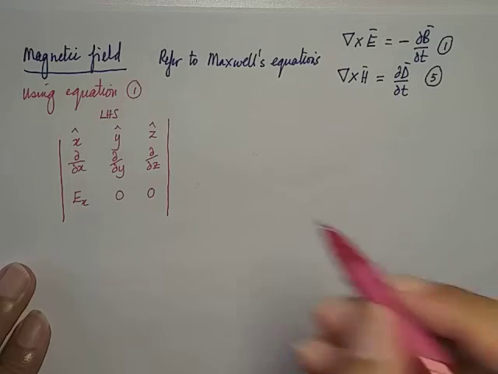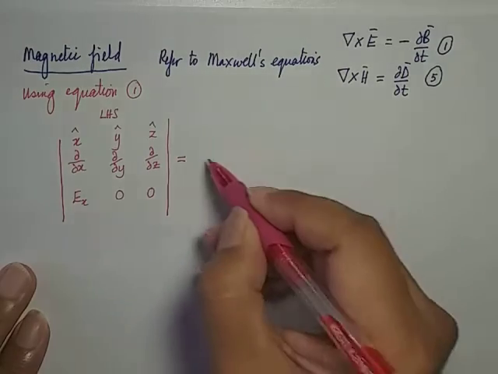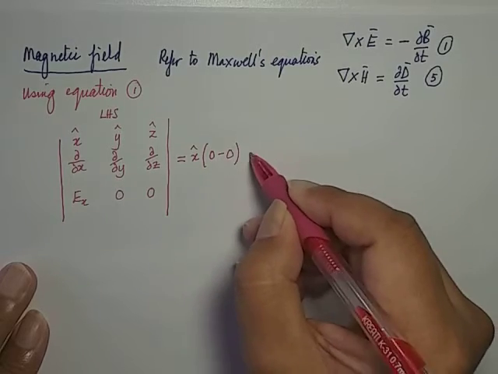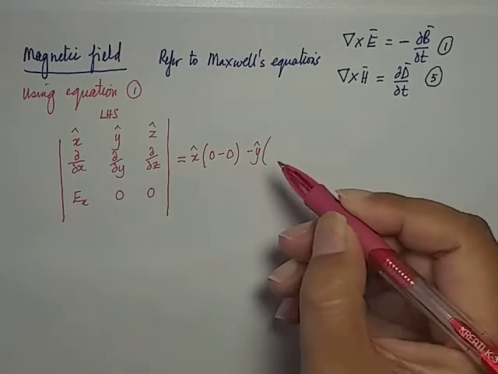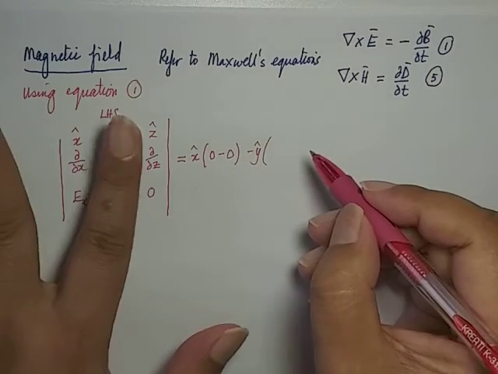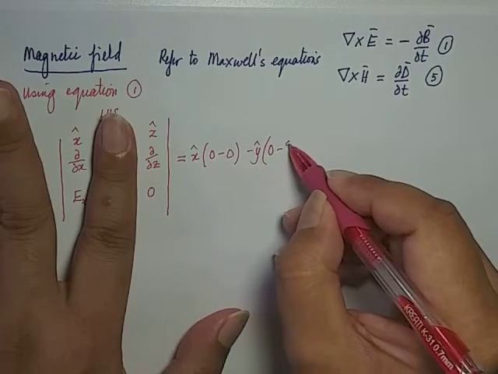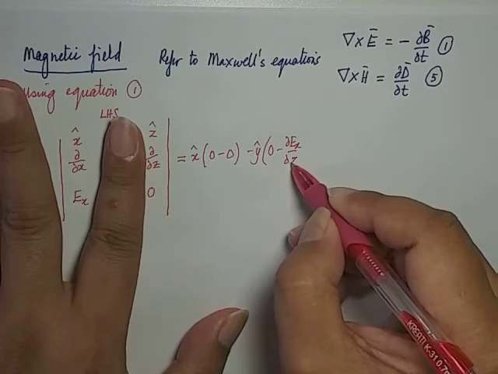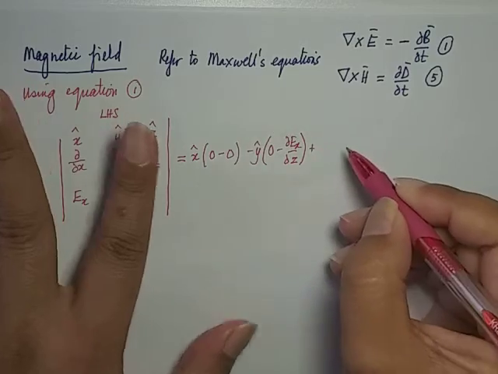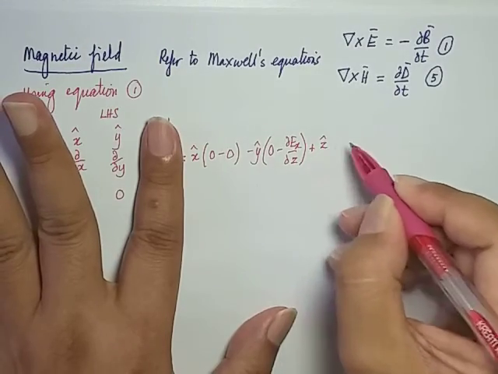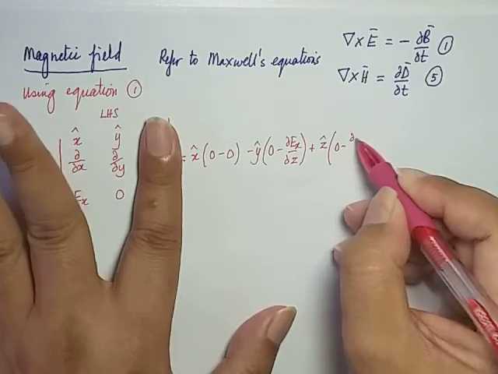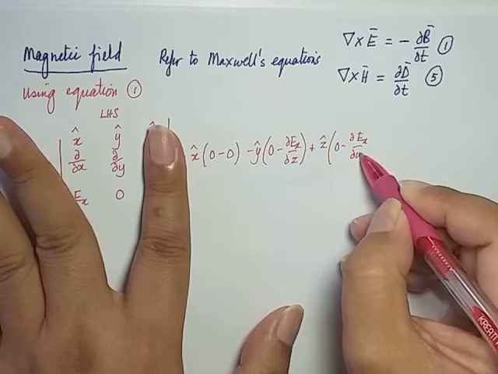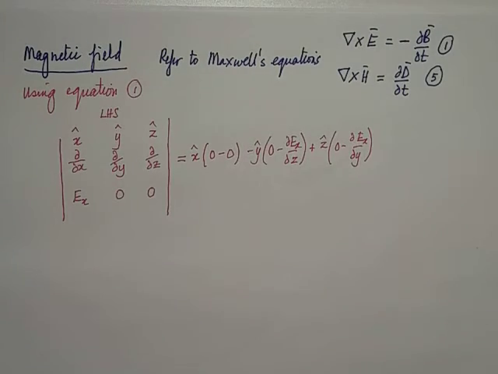Doing the mathematics, we end with x times 0 minus 0, then minus y times 0 minus dEx over dz, plus z times 0 minus dEx over dy. That should be the simple solution based on the matrix.